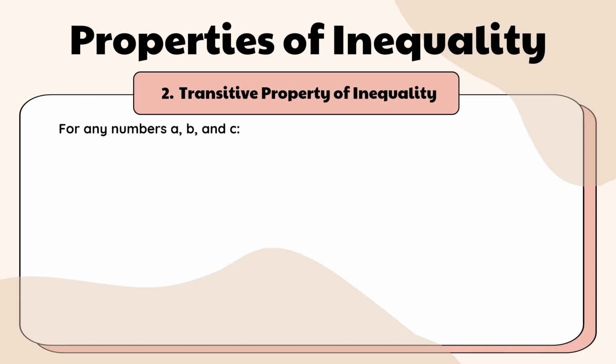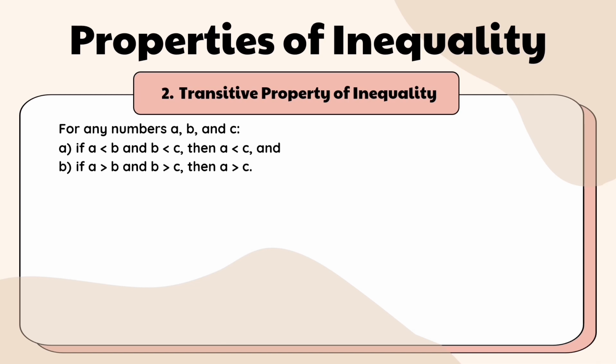For any numbers a, b, and c, if a is less than b and b is less than c, then a is less than c. And if a is greater than b and b is greater than c, then a is greater than c.